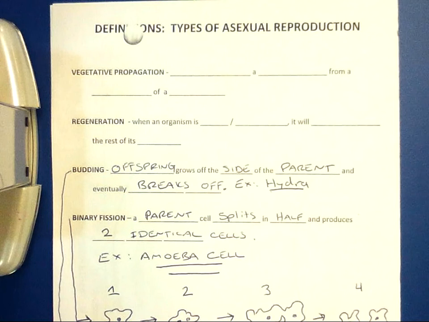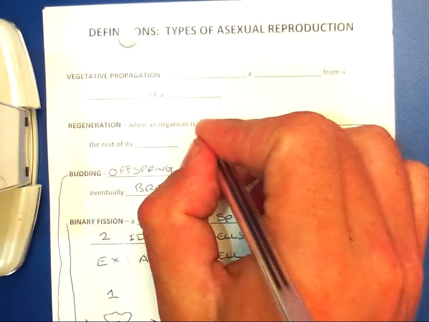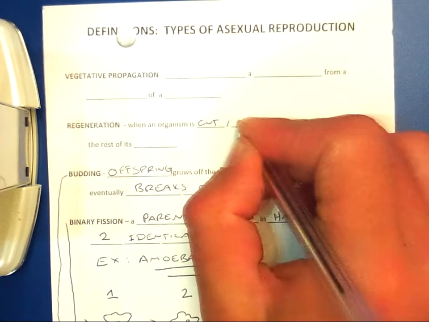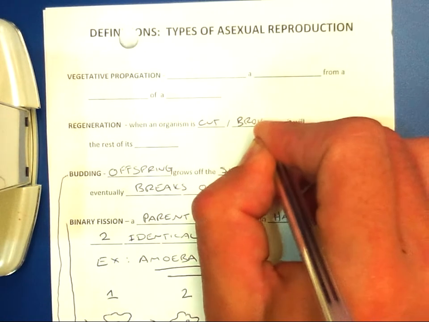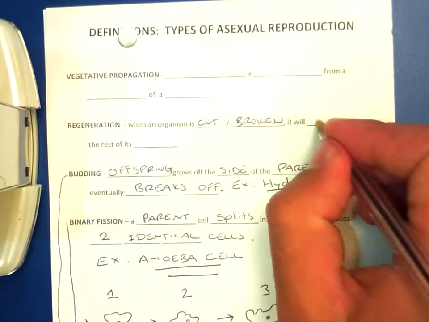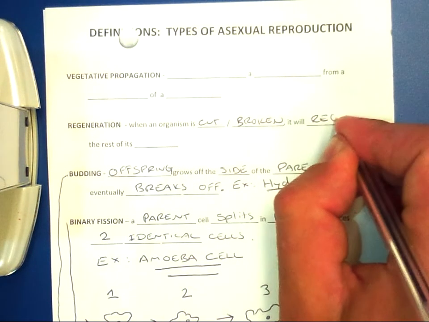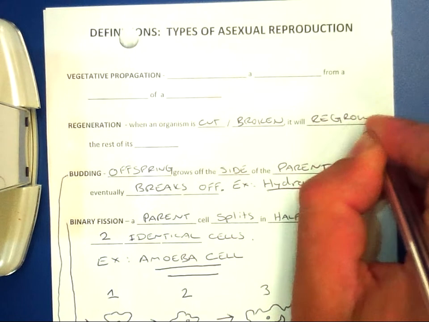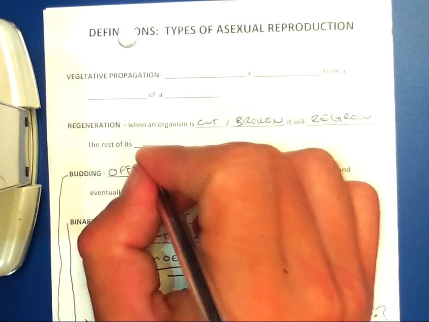All right, go up to regeneration. And I'll put the pictures back up at the end. Regeneration is when an organism is cut or broken. It will regrow the rest of its body.